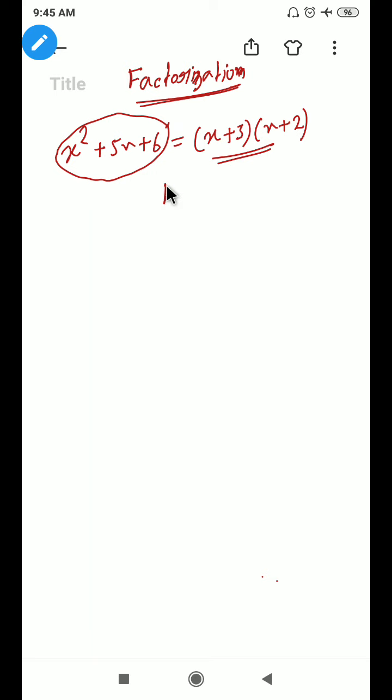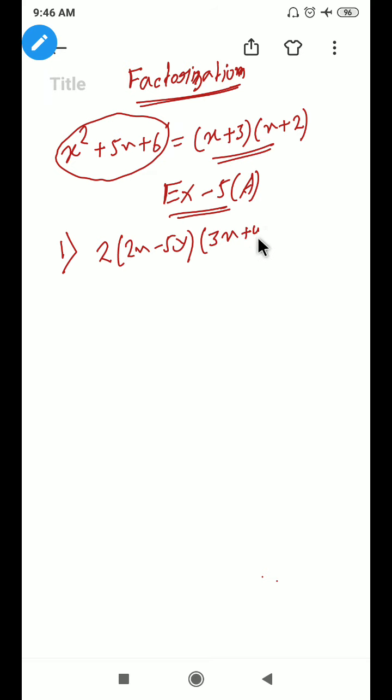In exercise 5a, question number 1 is given here: 2 into 2x minus 5y, 3x plus 4y, minus 6 into 2x minus 5y into x minus y. There is a polynomial given, and you have to convert this into a product of some expressions.